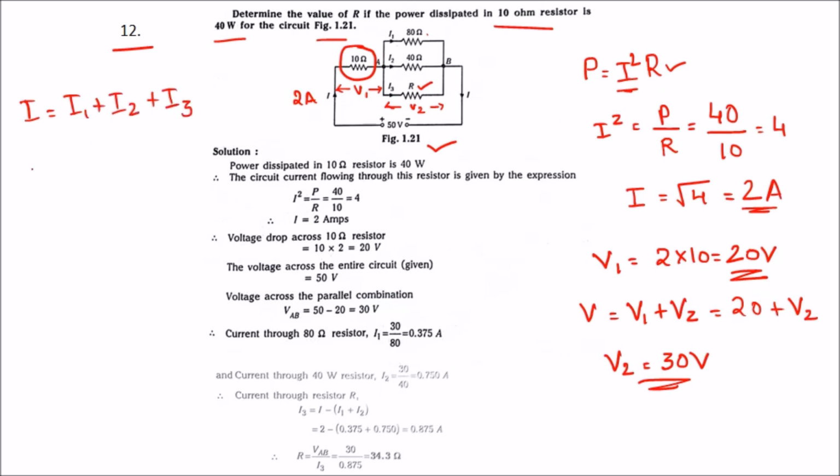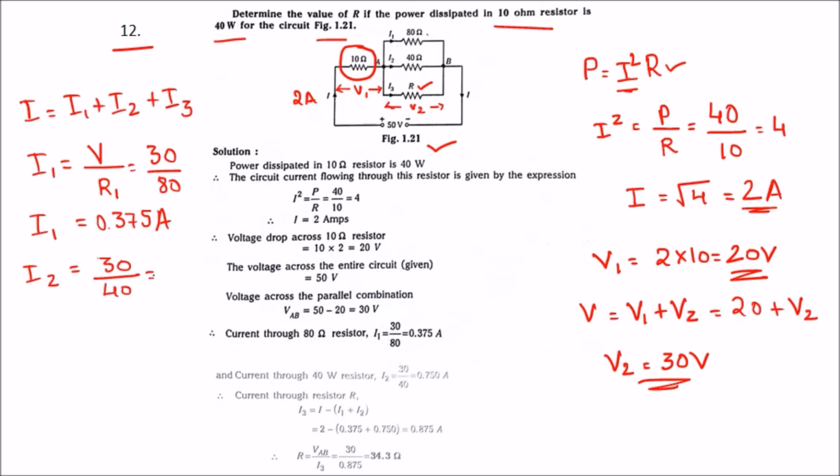So I1 is equal to V divided by R1, that is 30 divided by 80. So we got the I1 value, that is 0.375 amps. Let us find I2 in the same way: 30 divided by 40, so we got I2 as 0.75 amps.